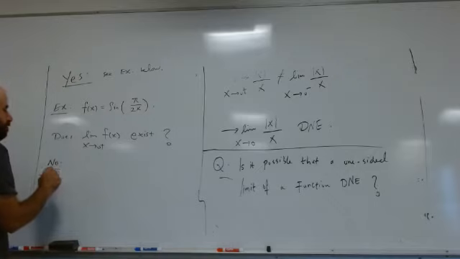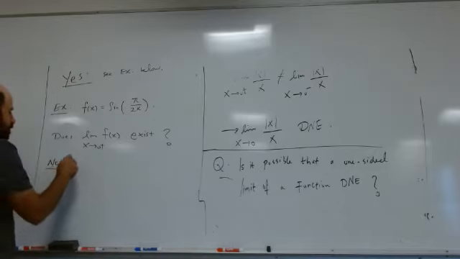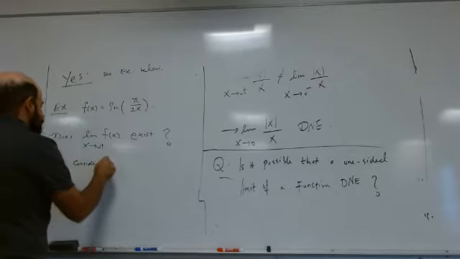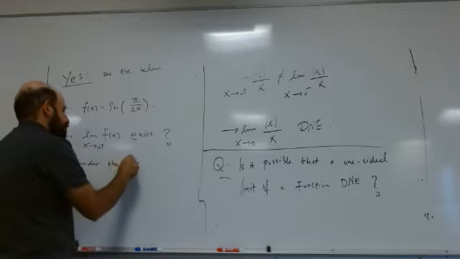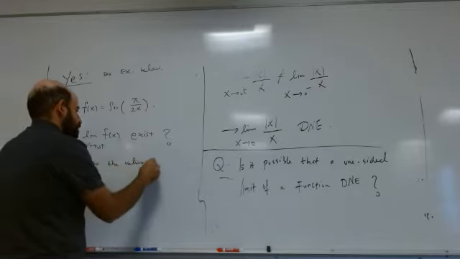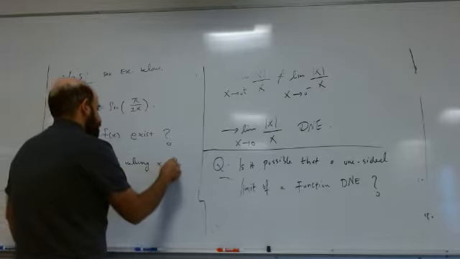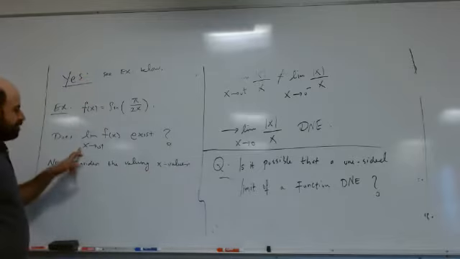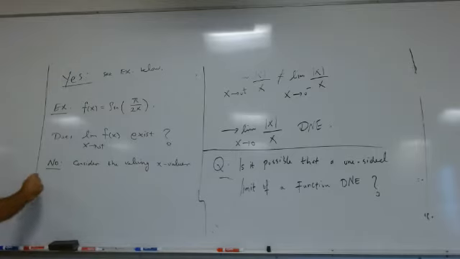So how can I show this? So consider the following x values. Let's say x is going to approach 0 from right.